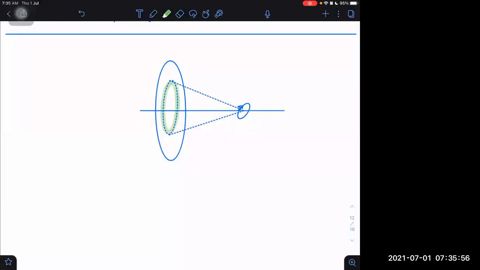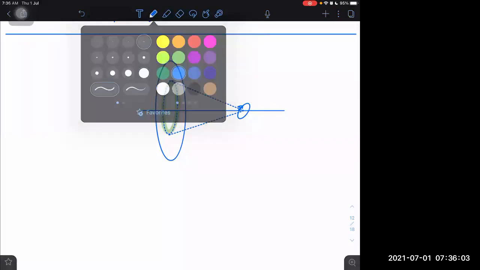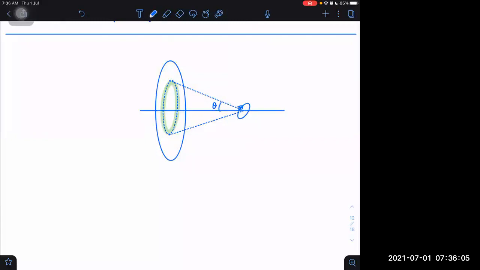This is the element, and the angle subtended is theta. What is this side vector here? I will take it as M2 cos theta and M2 sin theta.